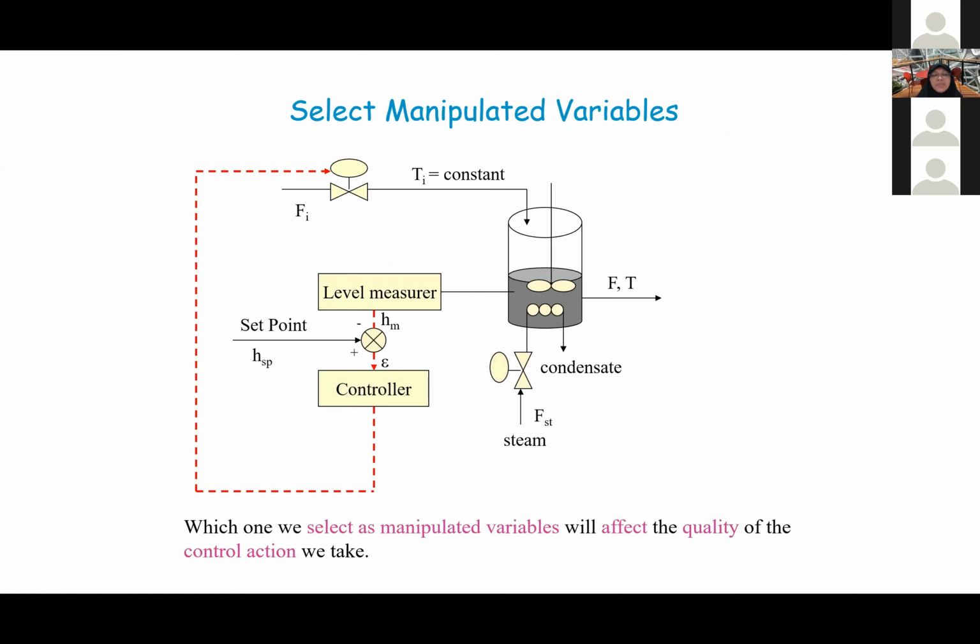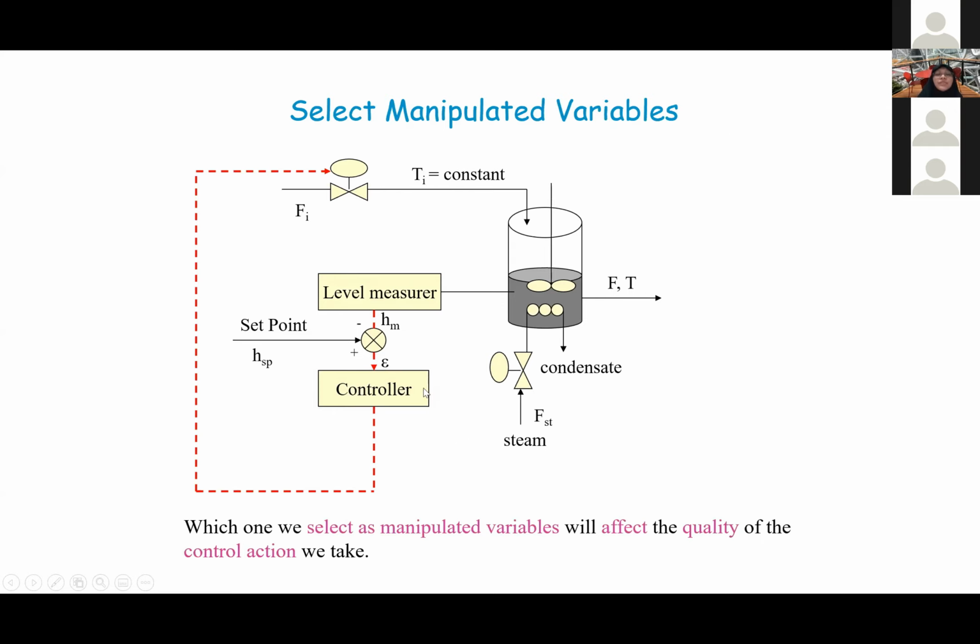Now, if it's the temperature control system, since we have this valve, the controller can also manipulate either Fi or the steam flow rate. Just like the level control system, there's a choice.